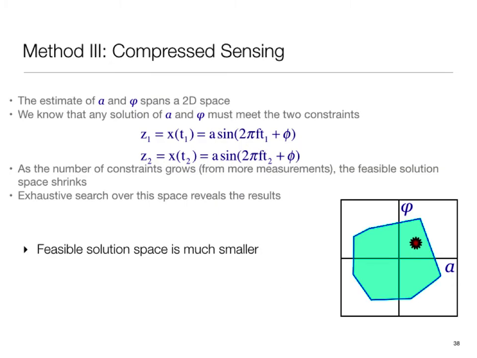Or a final approach you can imagine doing is that we can treat it as an optimization problem. Okay, so I have these equations. I want to solve for A and phi such that some error criterion is minimized. And now my reconstruction problem is nothing but some sort of an optimization problem.